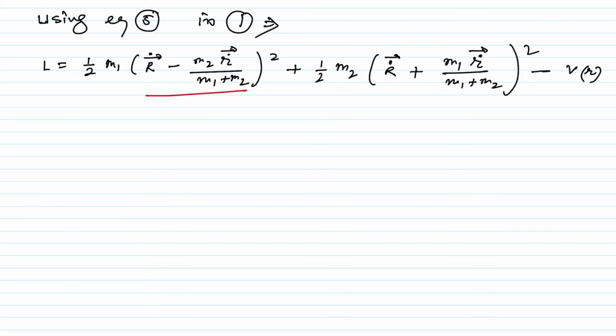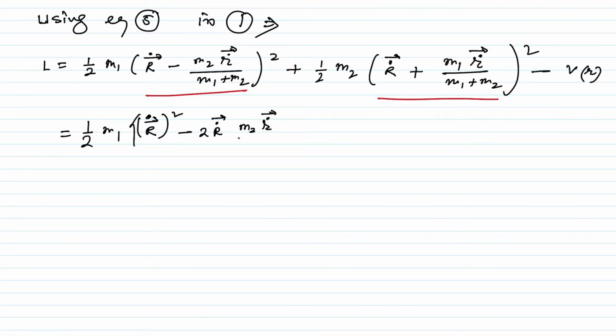So apply here the a minus b whole square formula, and here the a plus b whole square formula. Then we will get half m1 and within the bracket R dot vector square minus twice R dot vector, not R vector, this is R dot vector, into m2 r dot vector by m1 plus m2, plus m2 r dot vector by m1 plus m2 whole square, curly bracket closed.